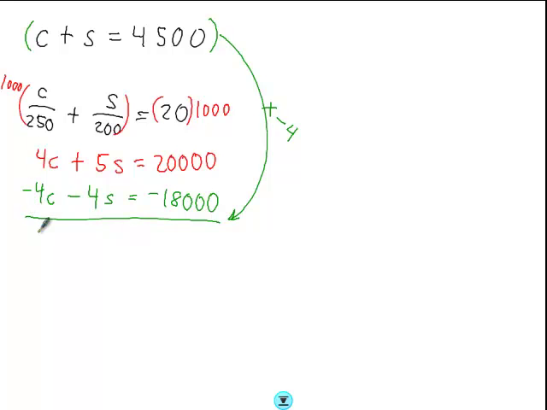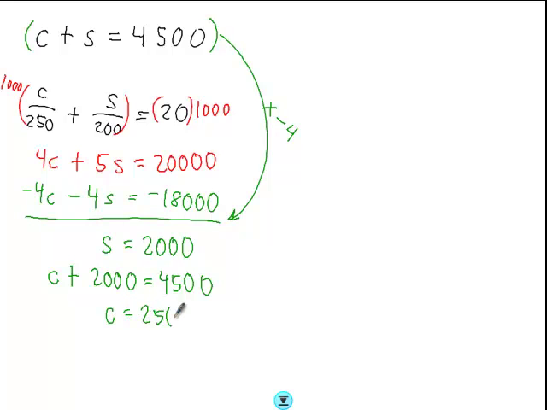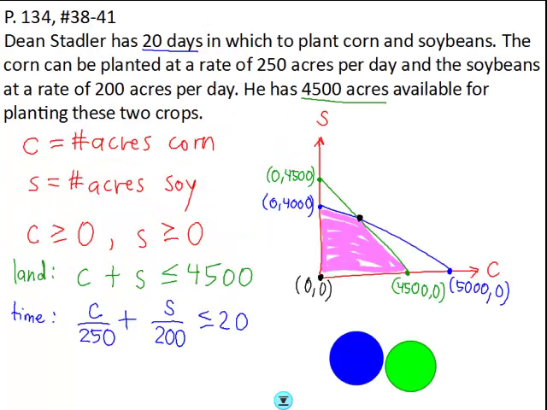The C's are eliminated. 5S minus 4S is 1S. 20,000 minus 18,000 is 2,000. So I've got S equals 2,000. If I want to find C, I'm just going to plug it into the original equation, C plus S equals 4,500, and then subtract 2,000 from both sides. So it looks like my final vertex is 2,500 for C and 2,000 for S. I have my vertices.